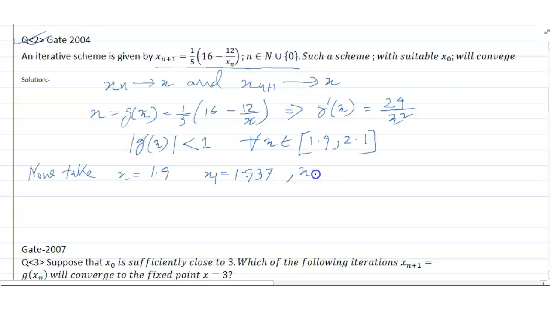Similarly, x0 is equal to 1.9, x2 is equal to 1.961, and x3 is equal to 1.976, and up to x9 equals 1.999, so it is equivalent to 2.